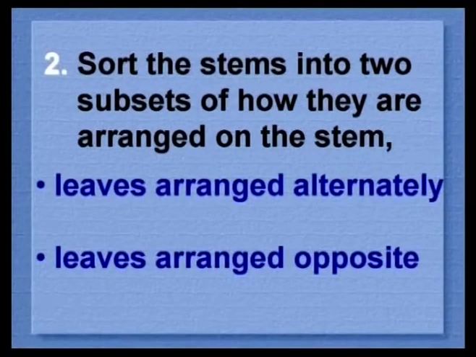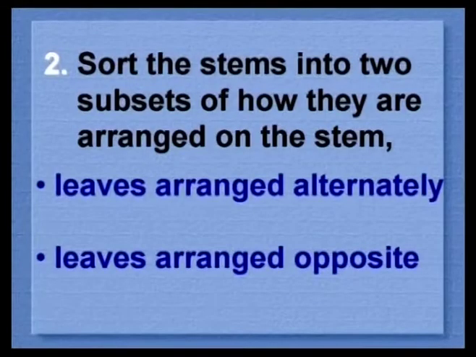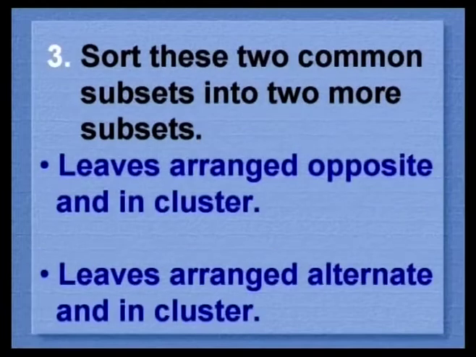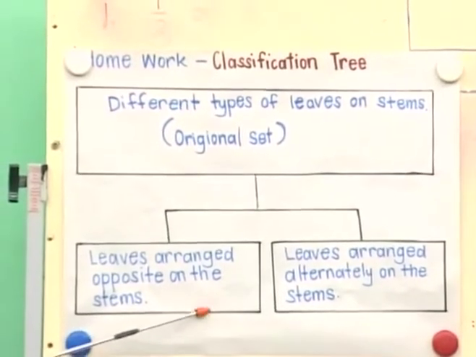The next, you are going to be sorting the stems into two common subsets, like we did in the previous lesson, which is leaves arranged alternately and leaves arranged opposite. The next step is to sort these two common subsets into more subsets.